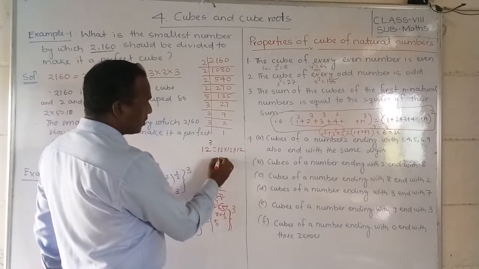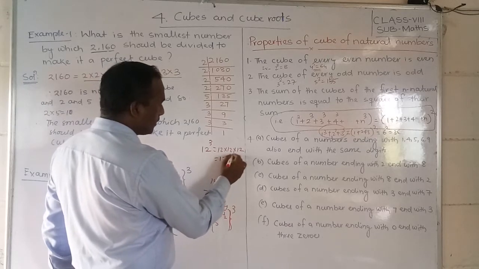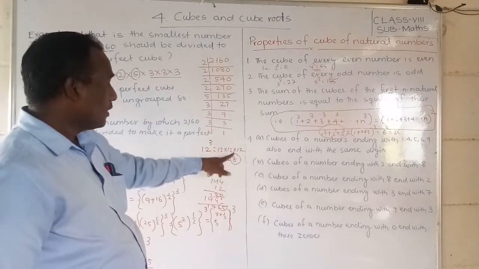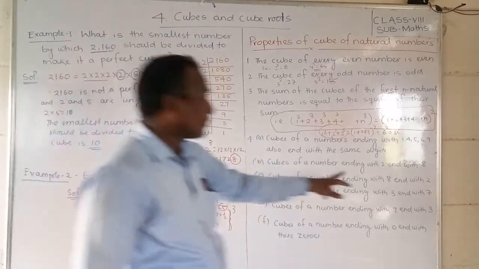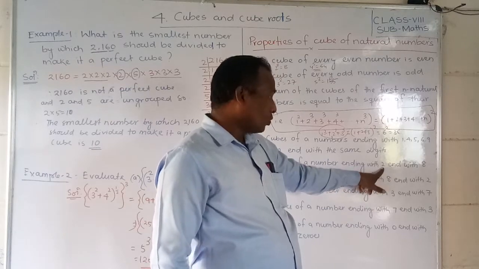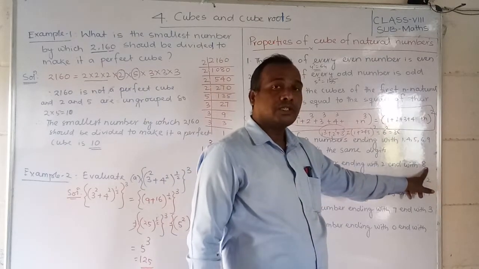So the cube is 1728, and 8 is the last digit. The observation is that its unit place is 2, and the cube ends with 8. So if any number ends with 2, then its cube ends with 8.